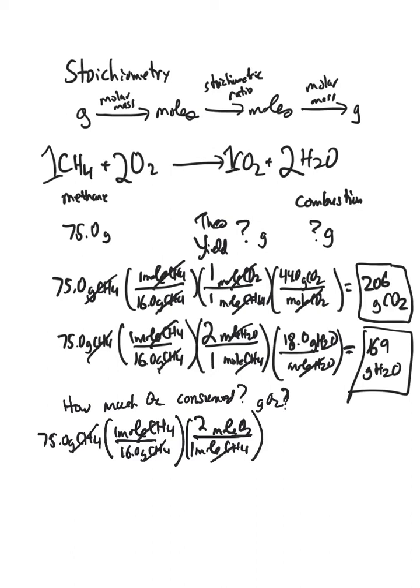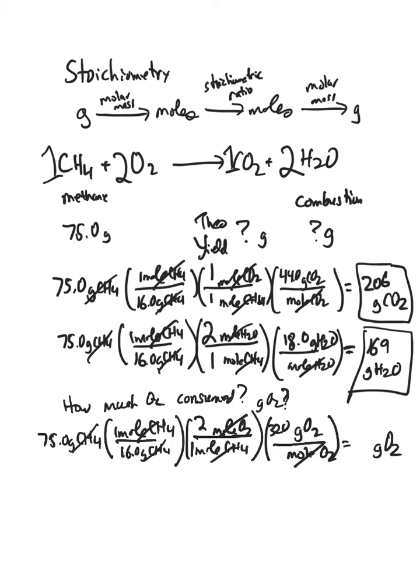Moles methane divided by moles methane. And now I want to get from moles oxygen to grams O2. And that 1 mole of oxygen is 32.0 grams of oxygen. I got that from the periodic table. Moles O2 divided by moles O2, and that's going to give me grams O2.